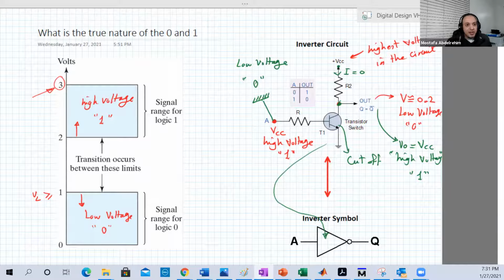Whenever you see 0 and 1, you should imagine all the time that these are actually voltages. When I put VCC at A, that means I just connect this point to VCC. When I put 0 at A, that means I just connect point A to the ground. This is what you should imagine all the time.